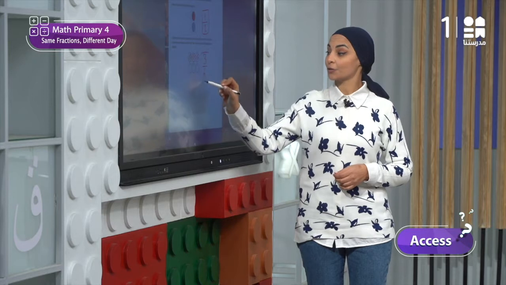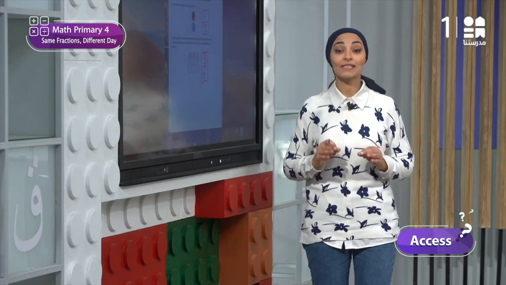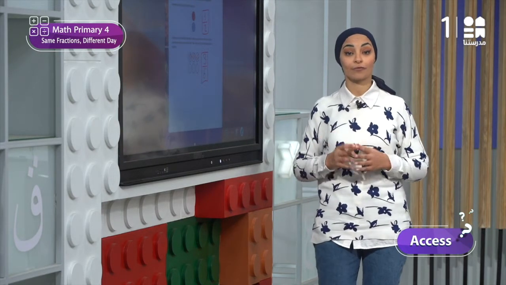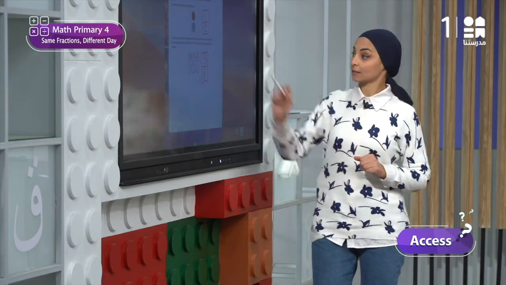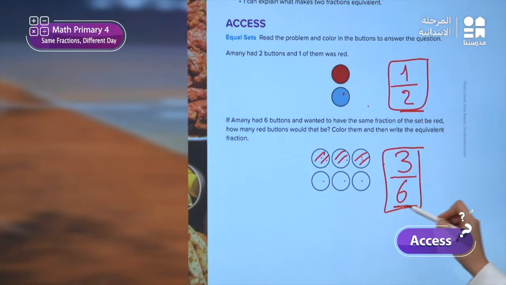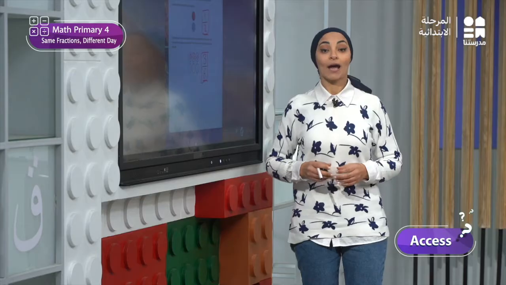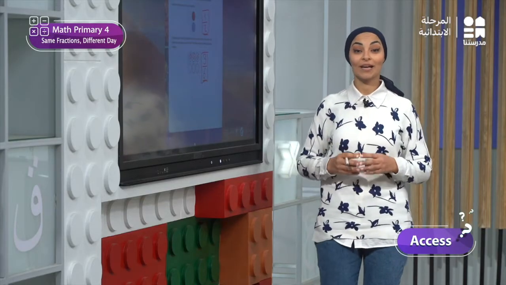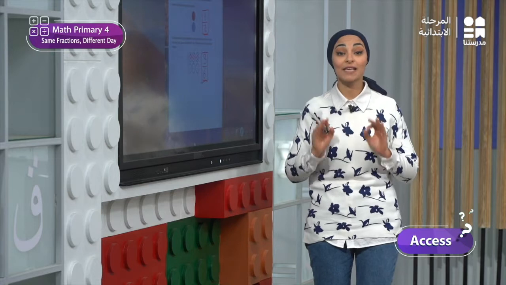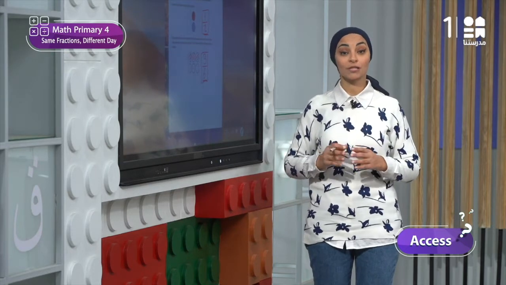So my new fraction is 3/6, and this is an equivalent fraction to half. It represents the first set. So half is equal to 3/6. Now we all understand that the two fractions represent the same quantity of the set, which is half.